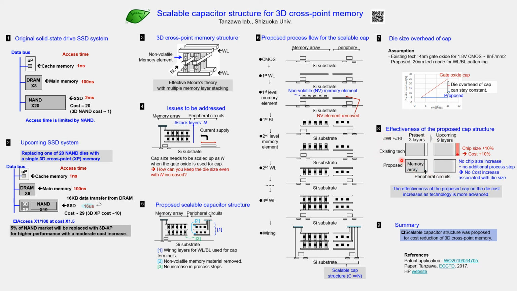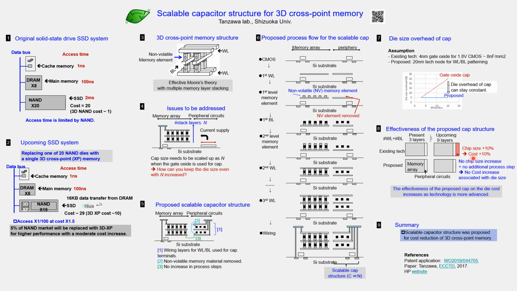This figure shows the number of word line and bit line layers from 3 to 9 and the resulting die size if we have the same die size with existing technology and the proposed capacitor structure. With 9 layers, existing technology requires an additional 10% die size increase, which is equivalent to a cost increase of 10%.